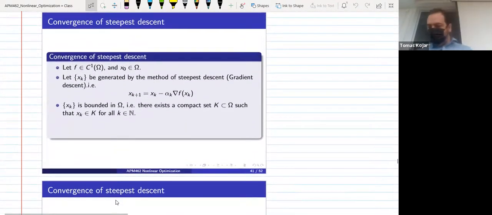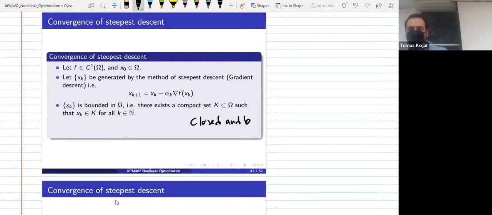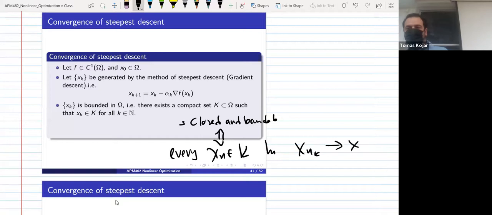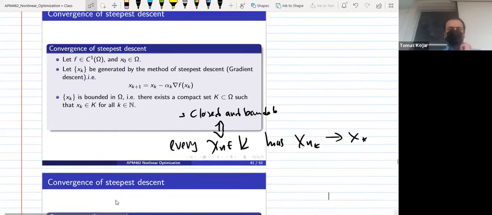Just to remind you, a compact set we defined as the set where every sequence has a convergent subsequence. Closed and bounded was one characterization, but it's also that every sequence x_n in K has a subsequence converging to some x star in K. We're going to use this.